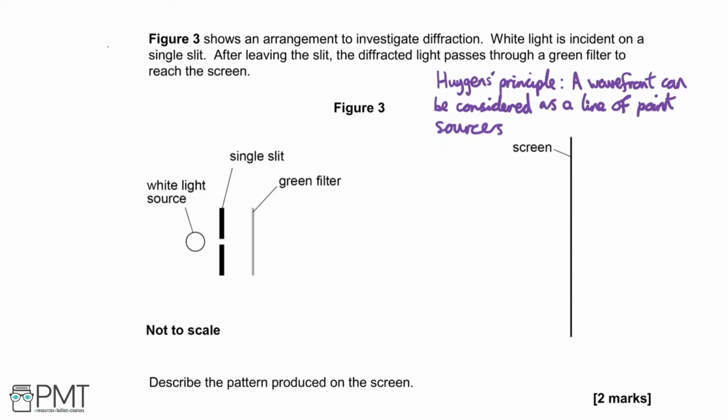So in this gap here, in this slit, what's actually happening is you have the wavefronts that travel through the gap from the white light source, and then each point on that wavefront is its own point source, and they then expand outwards, and you can think of it as being a diffraction grating with an infinite number of slits. So we get this pattern that's produced on the screen.